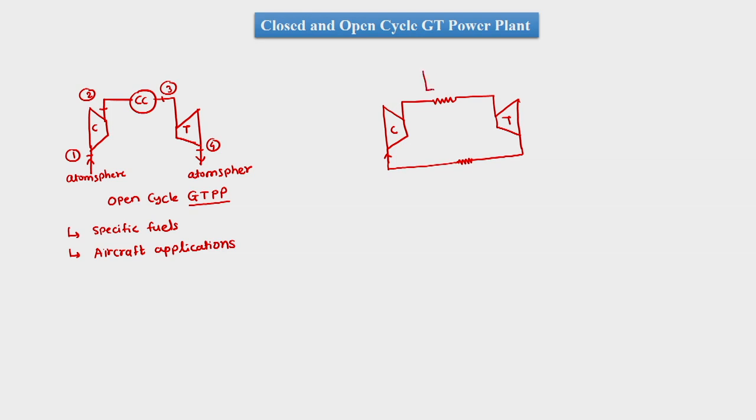So there is a separate arrangement which gives a heating process, and a separate arrangement which gives a cooling process. So this is a heater and this is a pre-cooler.